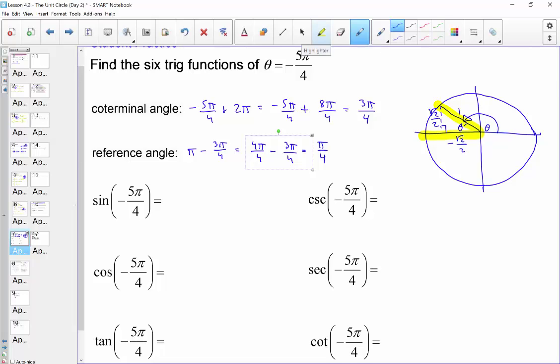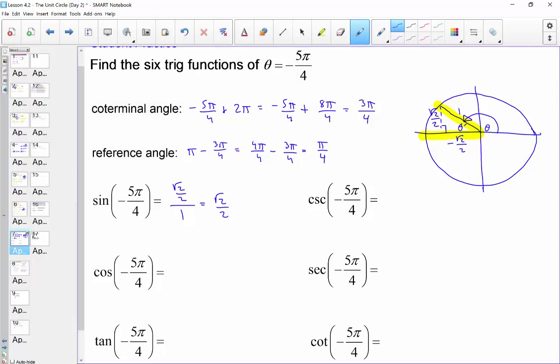Now we can go find our 6 trigonometric functions. So sine of negative 5 pi over 4 using pi over 4 as our reference angle is the opposite side, positive square root of 2 over our hypotenuse of 1, which simplifies to the square root of 2 over 2.